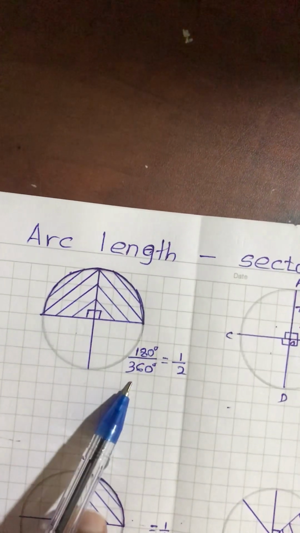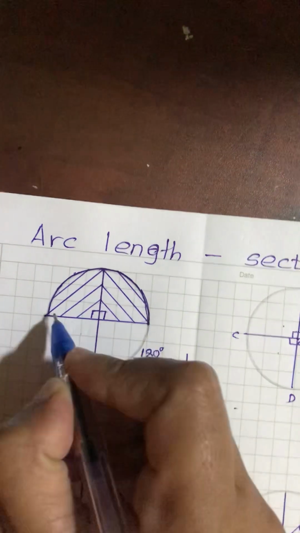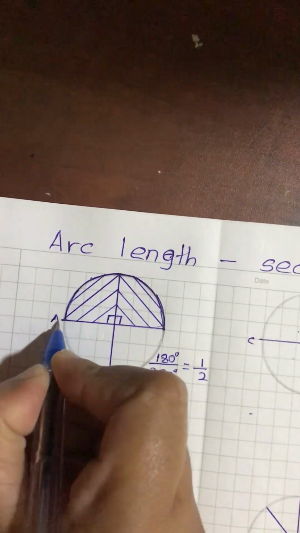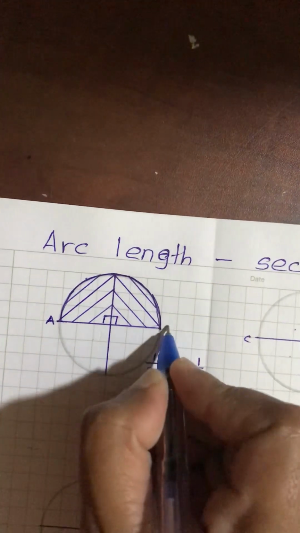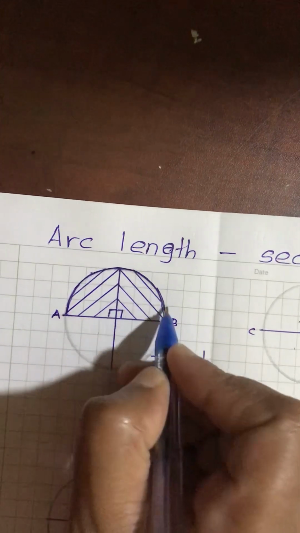So if you want to find the arc length, let's say this side is A and this side is B, and you need to go along this path.